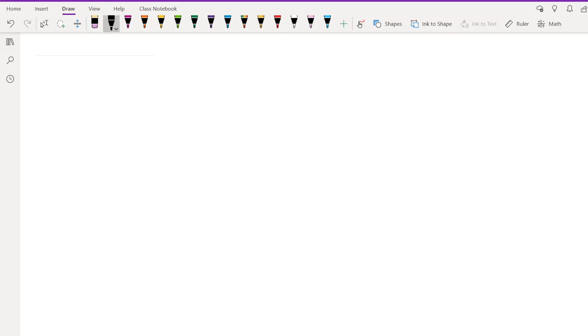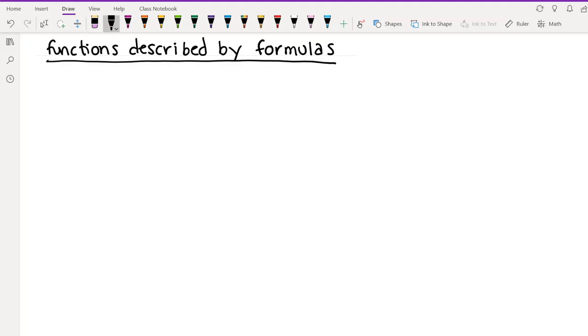Okay, so now we're going to be looking at functions described by formulas. In order to point us in the right direction with finding the domain of functions described by formulas, we basically need to know what are the things that can go wrong in a function that can make it undefined, right?